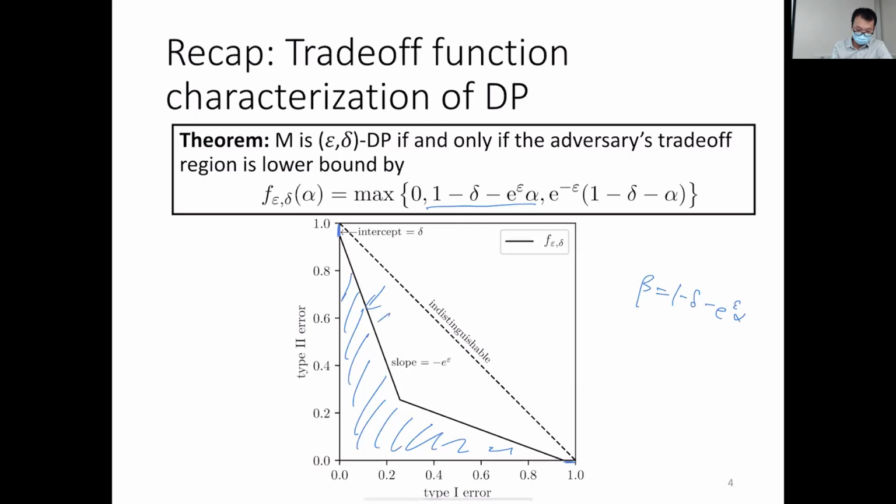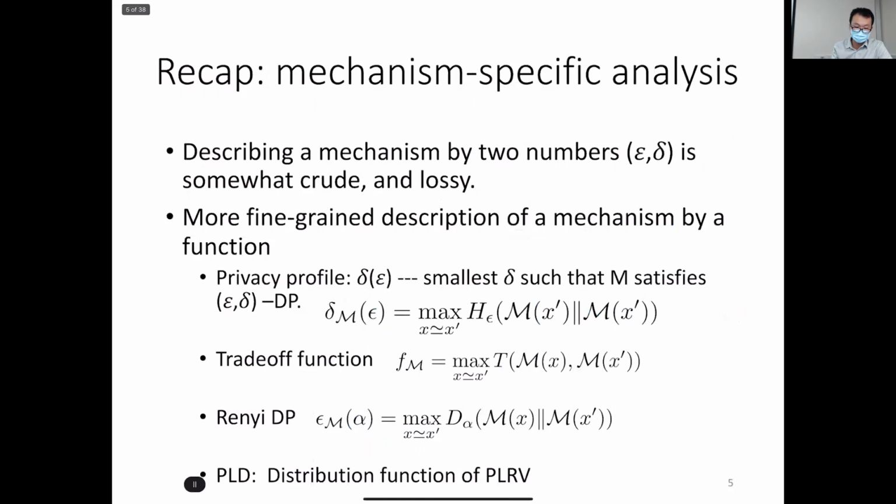So the slope here is minus e to the power of epsilon, and the intercept with the vertical axis is 1 minus delta. By flipping this to the other side, taking the inverse of it, and then taking the pointwise maximum of these two, we get the other leg, which corresponds to this line. Then we get epsilon-delta DP and this trade-off function. It's a very interesting way of looking at the same problem from its dual.